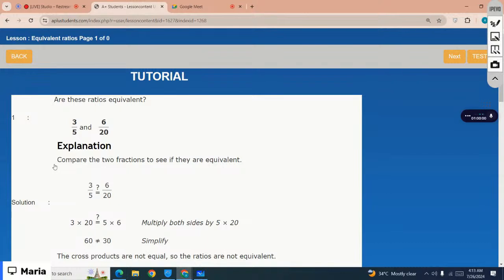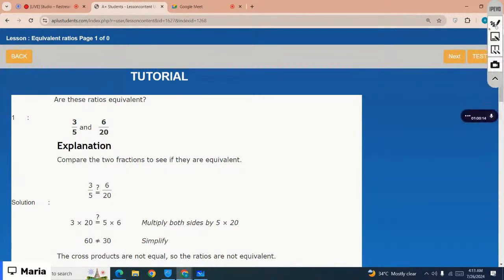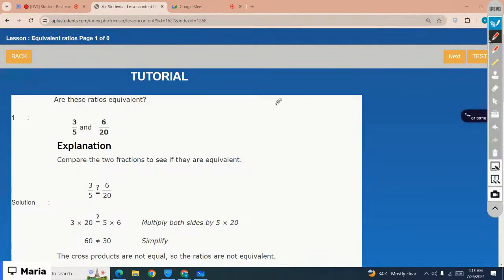So how do we find if the ratios are equivalent? You have to cross multiply them, right? Cross multiply means 3 over 5 equals 6 over 20, right?